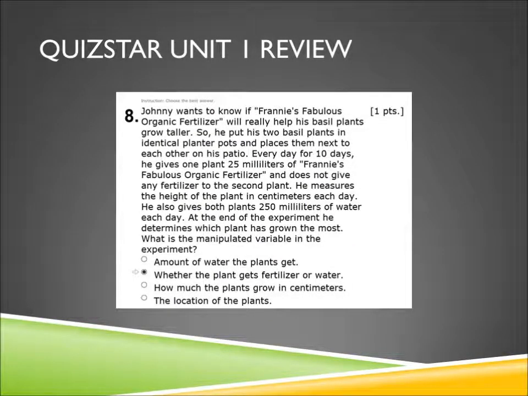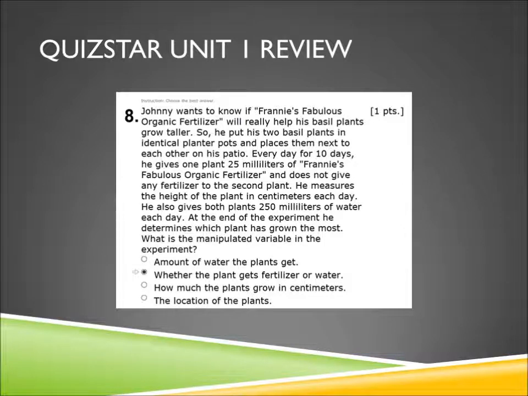Johnny wants to know if Franny's fabulous organic fertilizer will really help his basil plants grow taller. So he puts his 2 basil plants in identical planter pots, and this kind of reminds me of the Tom Sawyer experiment, to be honest, probably because of the botanical thing, and places them next to each other on his patio.